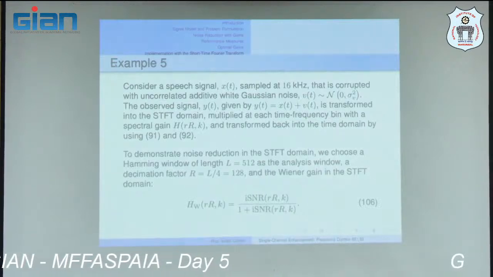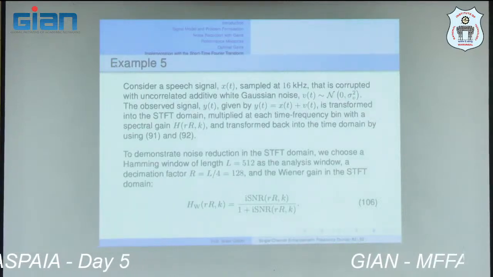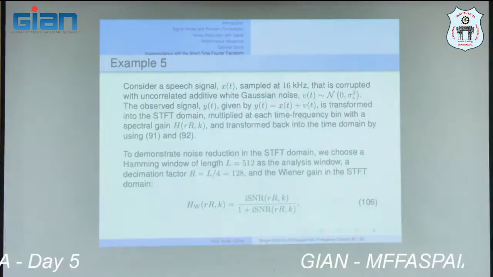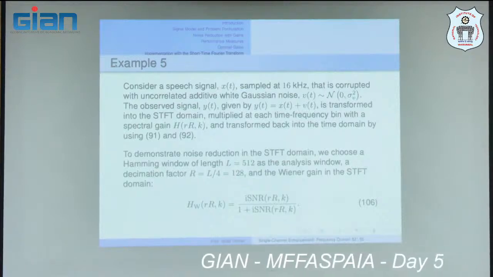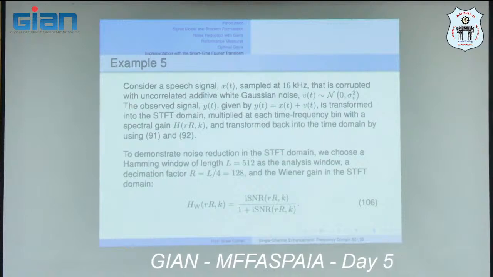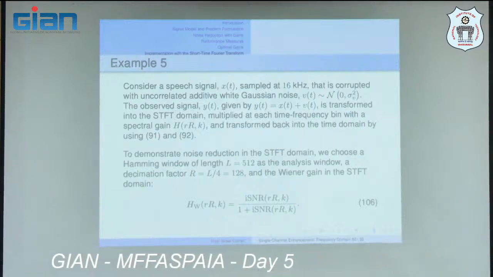So we can assume that within this short window of 32 milliseconds, the signal X is almost stationary, which is not completely true, of course, but it can be approximated as stationary within that window.